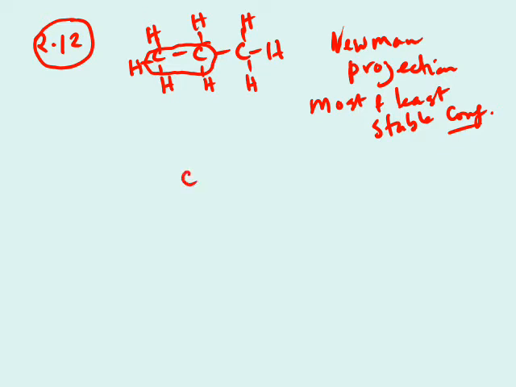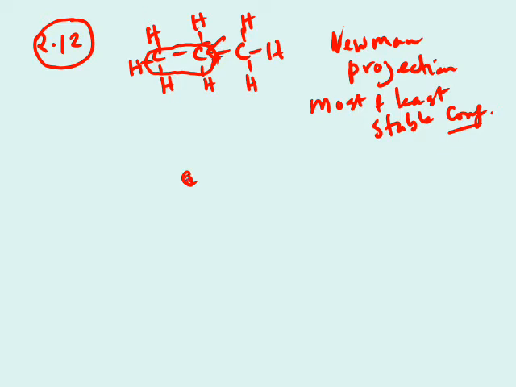This is the carbon you're looking at. If you make a model, then you can better see it. In a Newman projection, we don't write down the carbon, rather we just write down a dot where you're looking at.